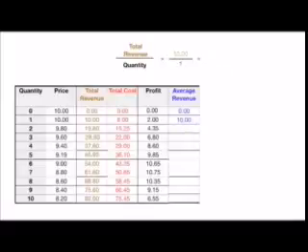Now I'm going to calculate average revenue for a quantity of 2. So I have 1960 divided by a quantity of 2, and this is equal to 9.80. Now let's fill the rest in.